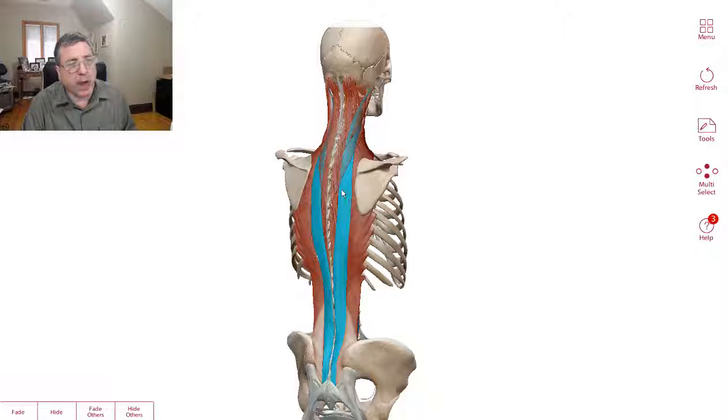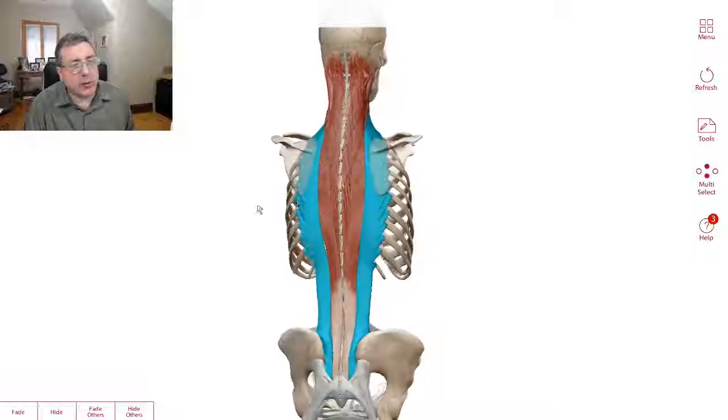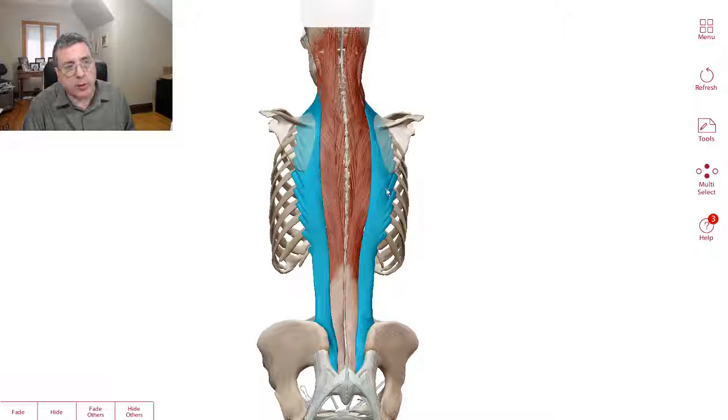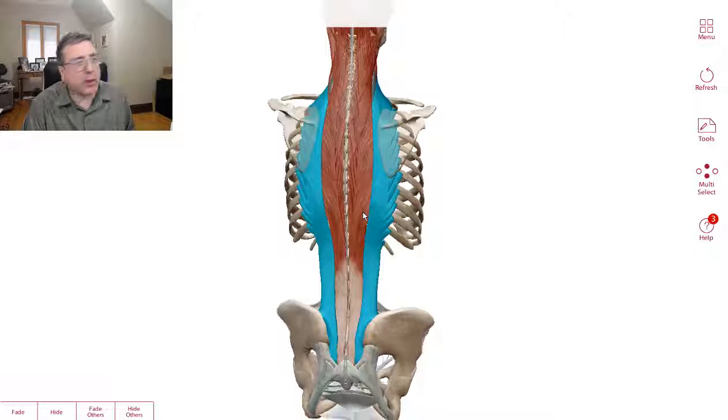All of them will do that. Unilateral is going to be dealing with more of a rotation and lateral flexion, so it's going all the way up to the skull. So this one is also going to be dealing with the head motion. Iliocostalis, unilateral contraction will be more rotation and lateral flexion on that one.